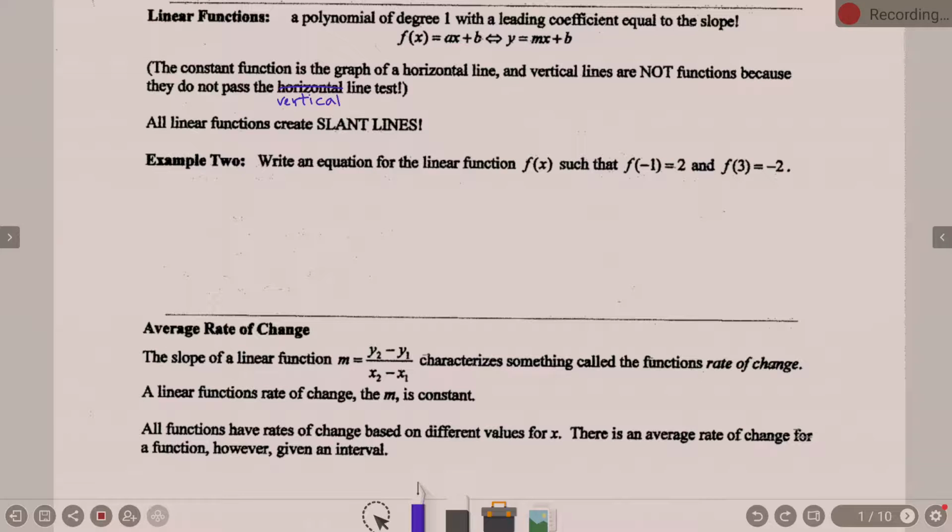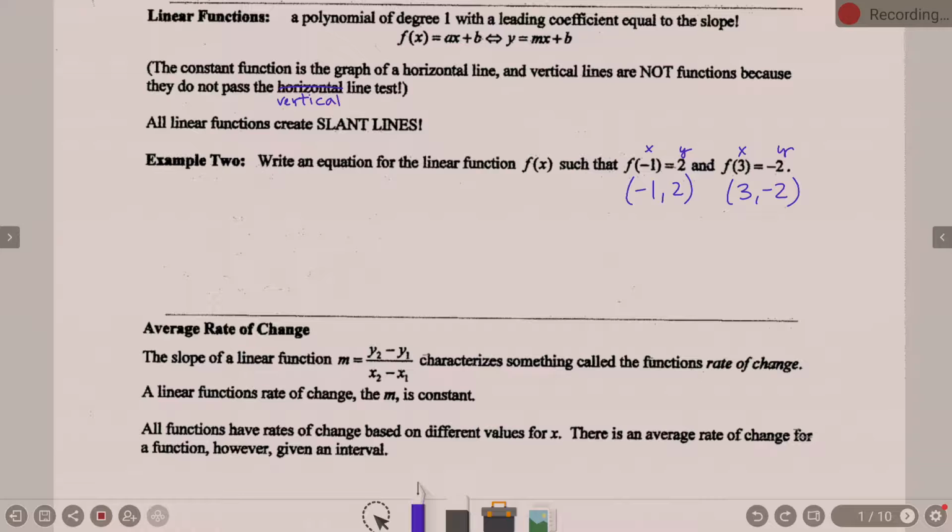Well, keep in mind, negative 1 is an x value, the input is an x value, and then that makes 2 the y value. So this is the ordered pair, negative 1, 2. F of 3 equals negative 2, so x is 3, y is negative 2. So that gives you the ordered pair, 3, negative 2. Does that look a little bit better if I give them to you as ordered pairs? Your brain might not be quite there, but it should be closer.